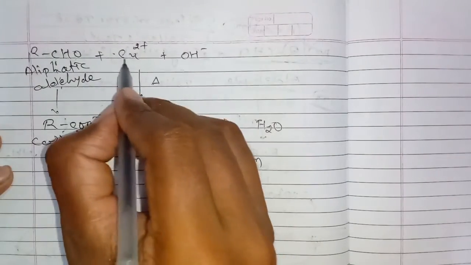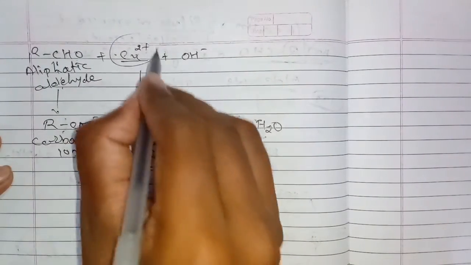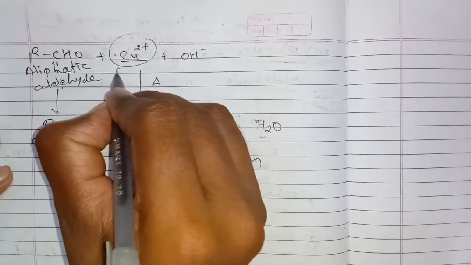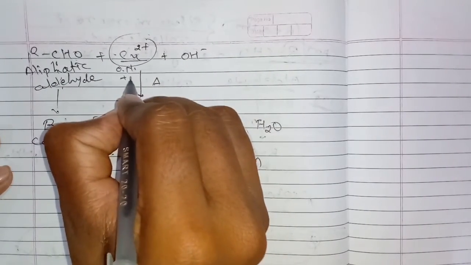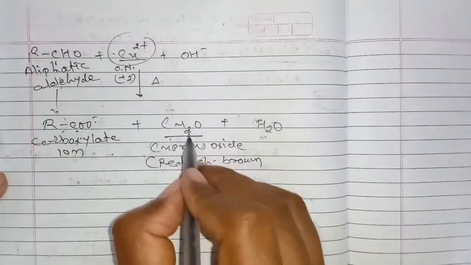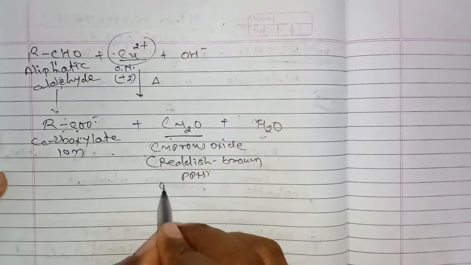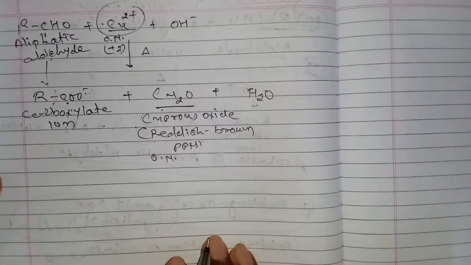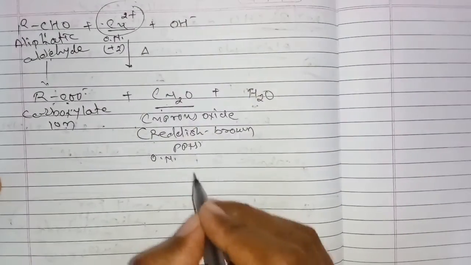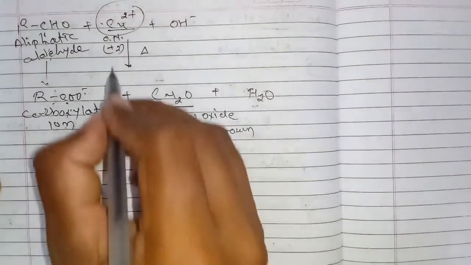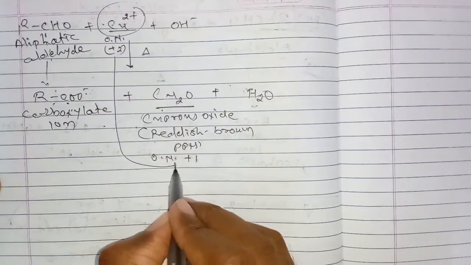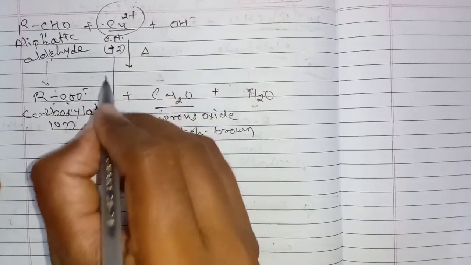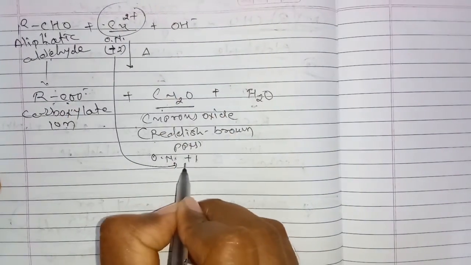Here the oxidation number of copper ion Cu2+ is plus 2, and here the oxidation number of Cu is plus 1, so this is reduced because the oxidation number decreases.